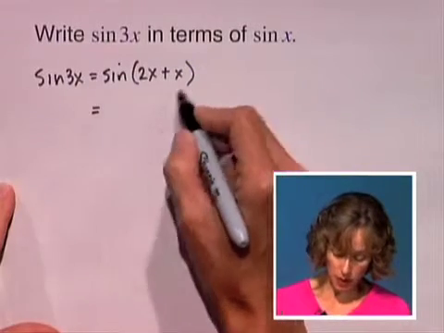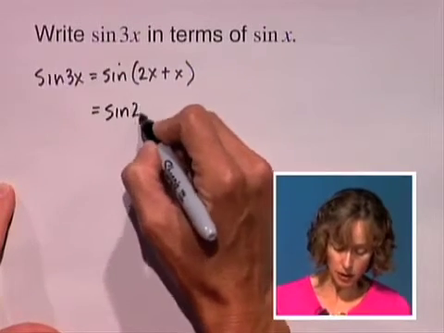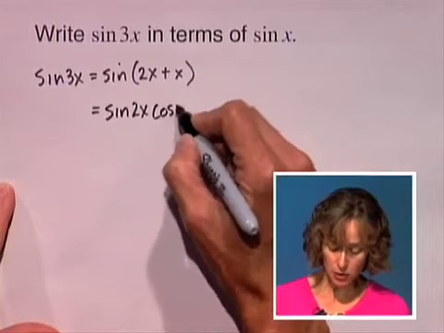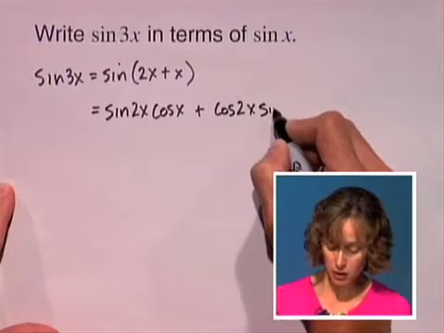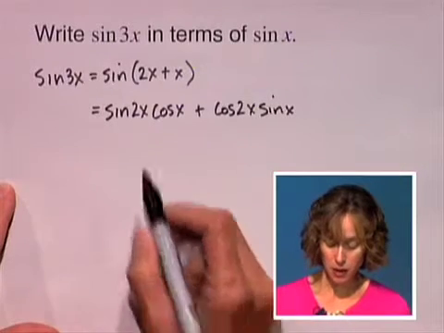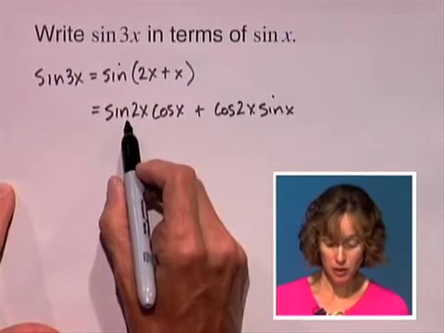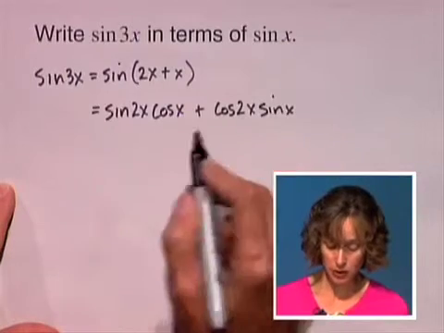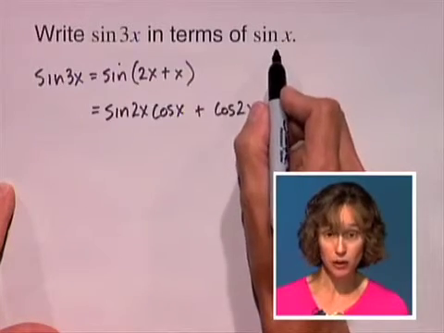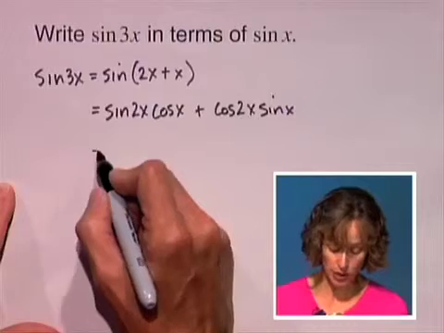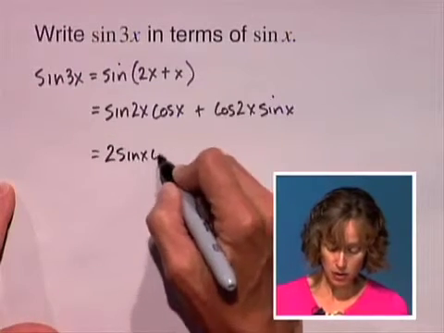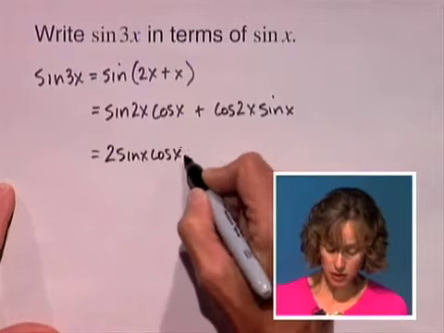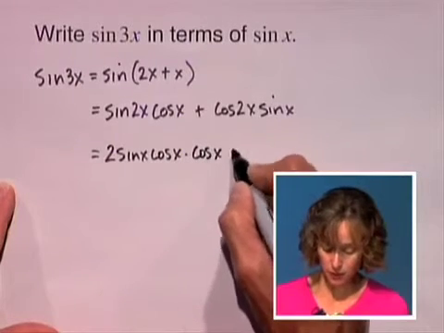So this is going to be applying the sine sum identity, sine 2x cosine x plus cosine 2x sine x. And now I'm going to put in a sine double angle identity and a cosine double angle identity to get myself entirely in terms of sine, or get towards that goal. Sine 2x is 2 sine x cosine x, and I have that times this other cosine x.